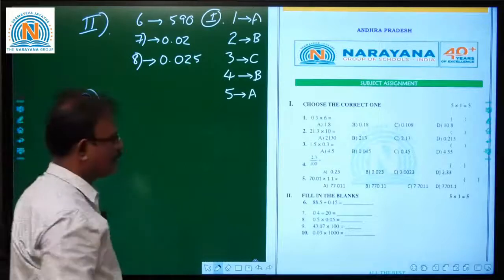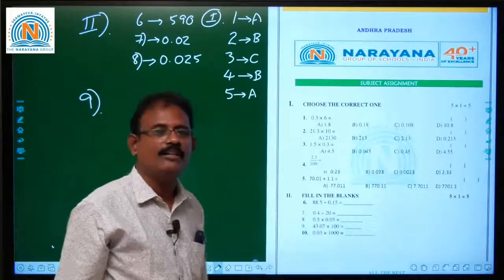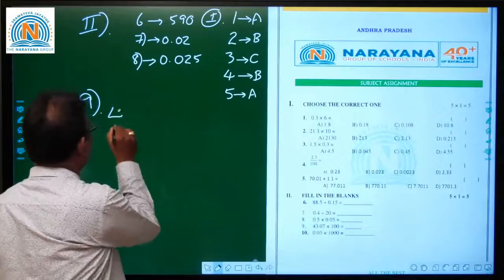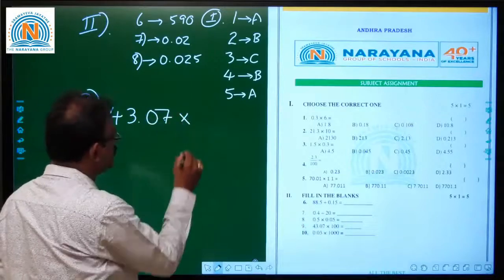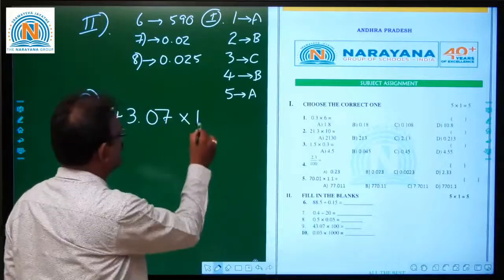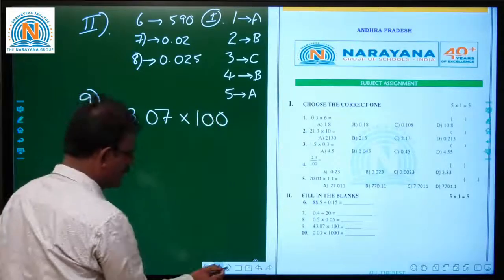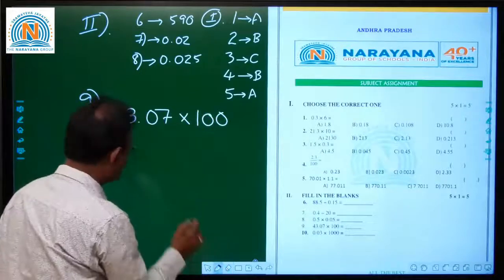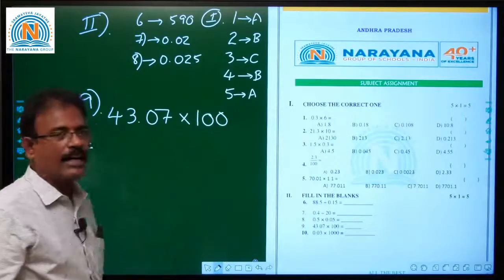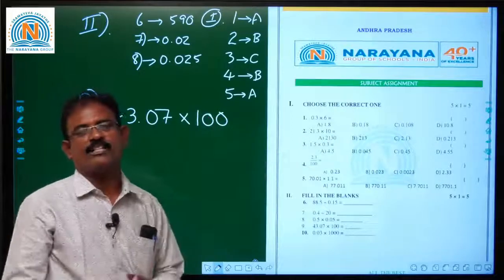So our next question, the 9th one, 43.07 multiplied with 100. Now we already discussed, let us forget about the decimal point.